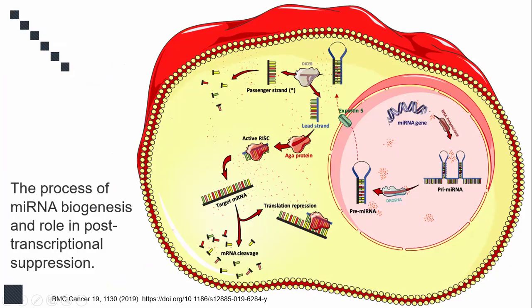So how does microRNA operate? As you can see here, from the nucleus, there is a microRNA gene. The microRNA gene will be transcribed into the primary form, and then the pre-microRNA, which will eventually be exported to the cytoplasm.